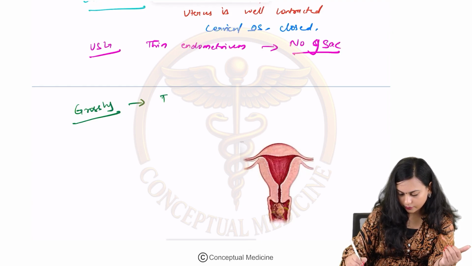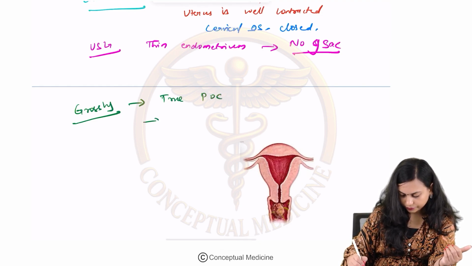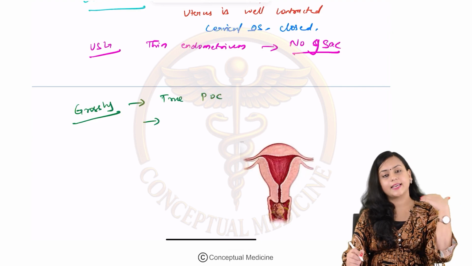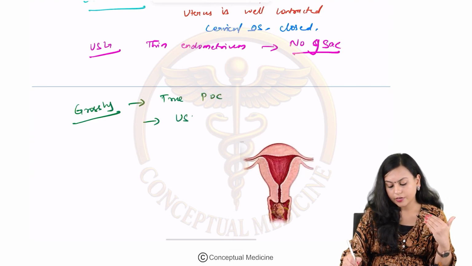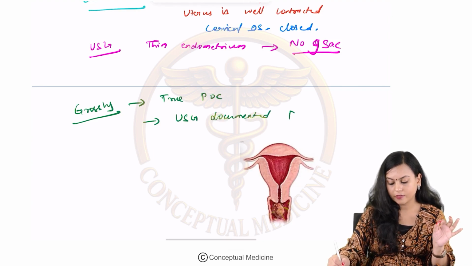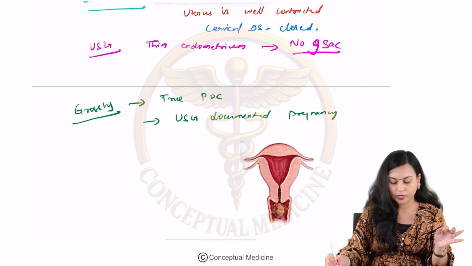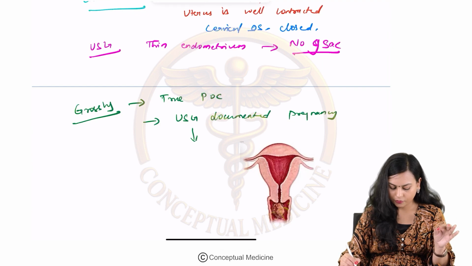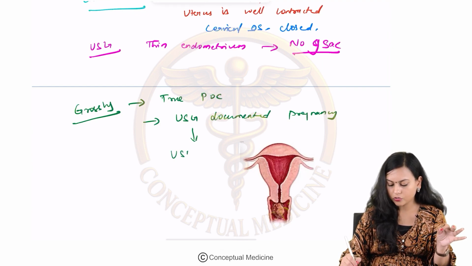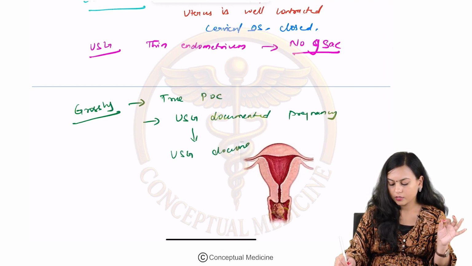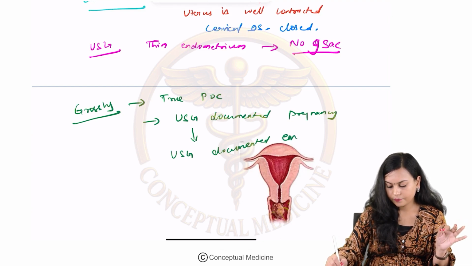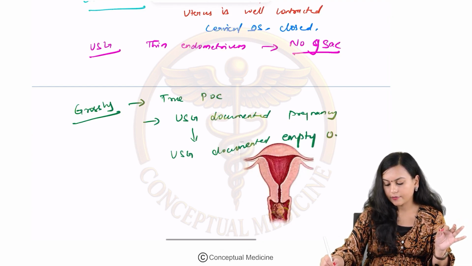Check if the true products of conception have been expelled. Ideally there should be a USG documented pregnancy first, followed by a USG documented empty uterine cavity.